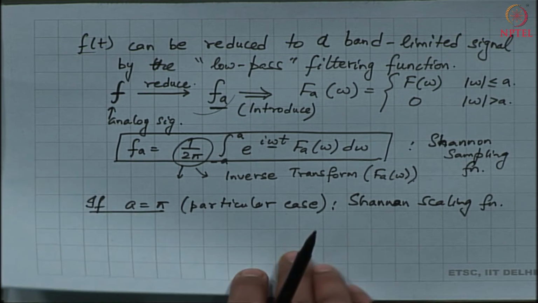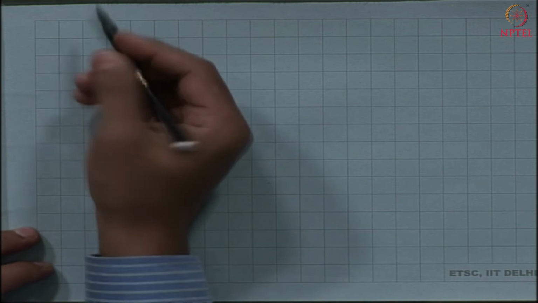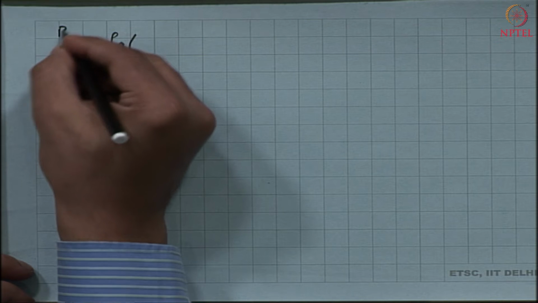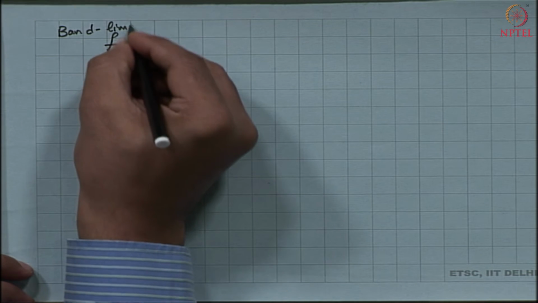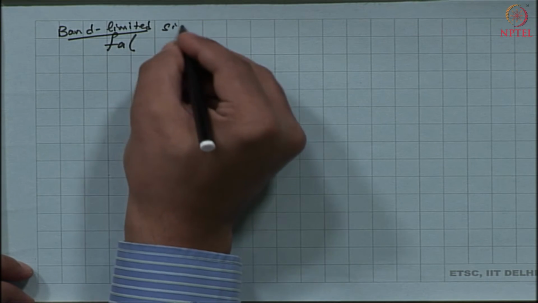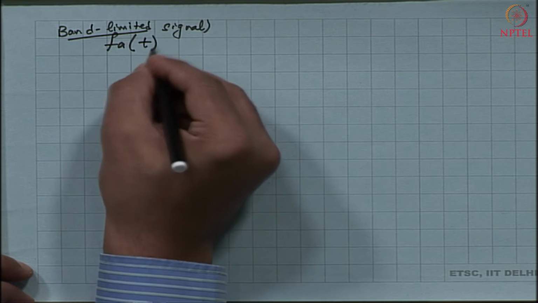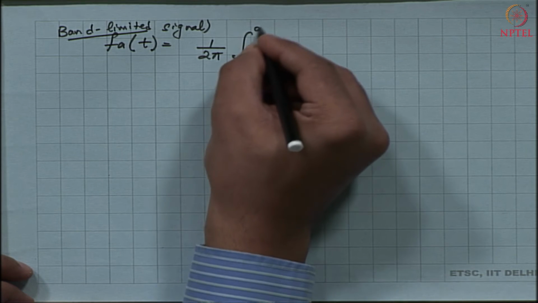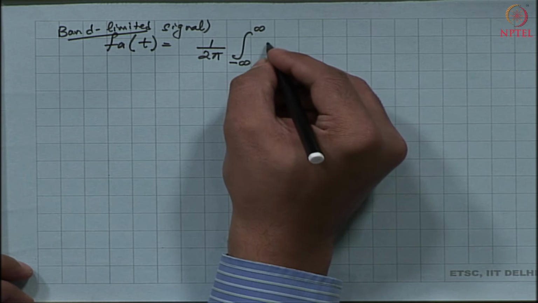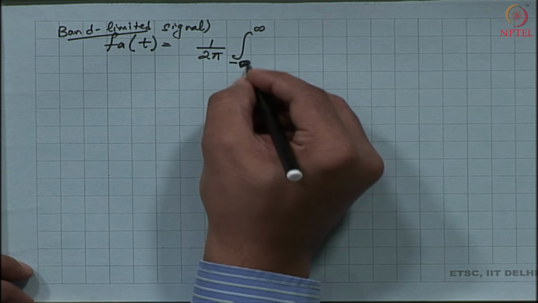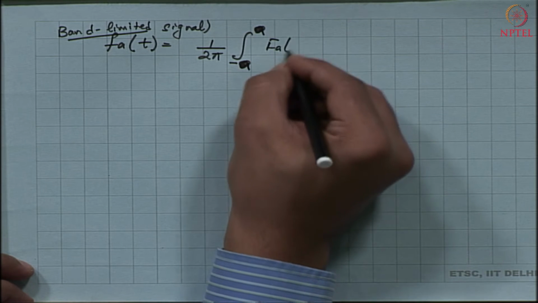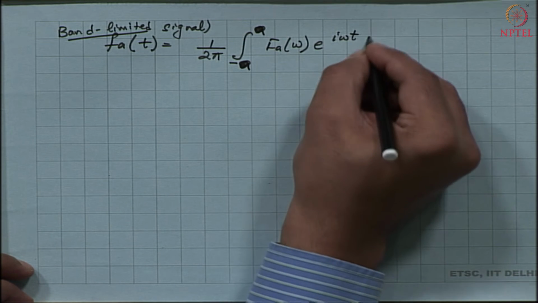Okay. So, again I have my band limited signal, f_a(t), defined as 1 by 2 pi integral from minus infinity to infinity, and this is equal to, let me just introduce the correct notation here, it is from minus a to plus a of f_a of omega e to the power i omega t d omega.